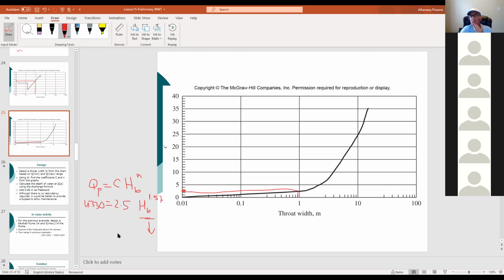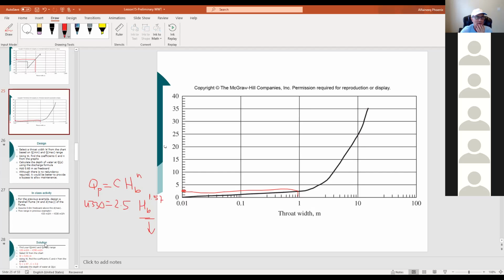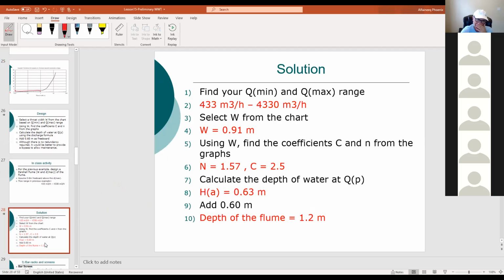This is the elevation that's going to be inside it at the approach. You see how much I got here. 0.6. Okay. And repeat that for Q average and Q minimum as well.